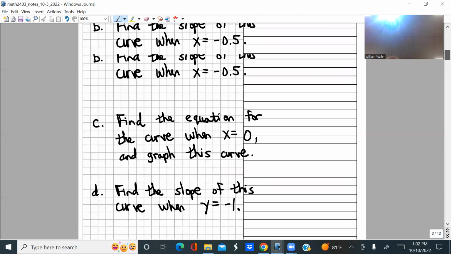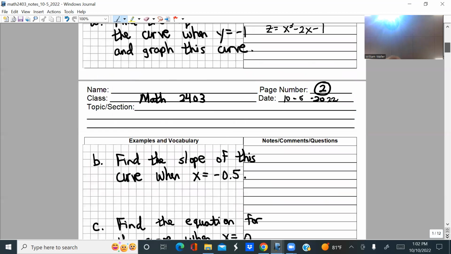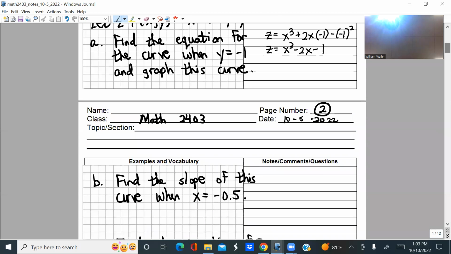So let's see what kind of questions we ask here. Find the slope of this curve when x is equal to -1/2. Well, how do you do that?